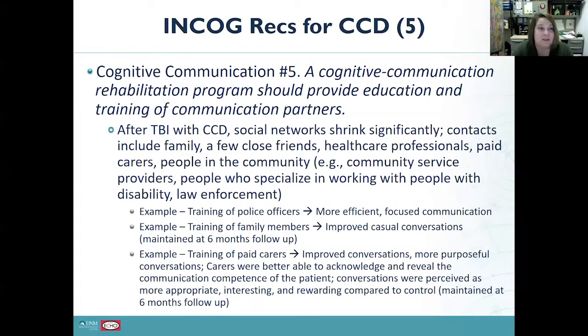And that's also something we know that a lot of our people with TBI have difficulty with, and they need ways to advocate for themselves and to explain to law enforcement that they have a brain injury and that they have difficulty communicating.